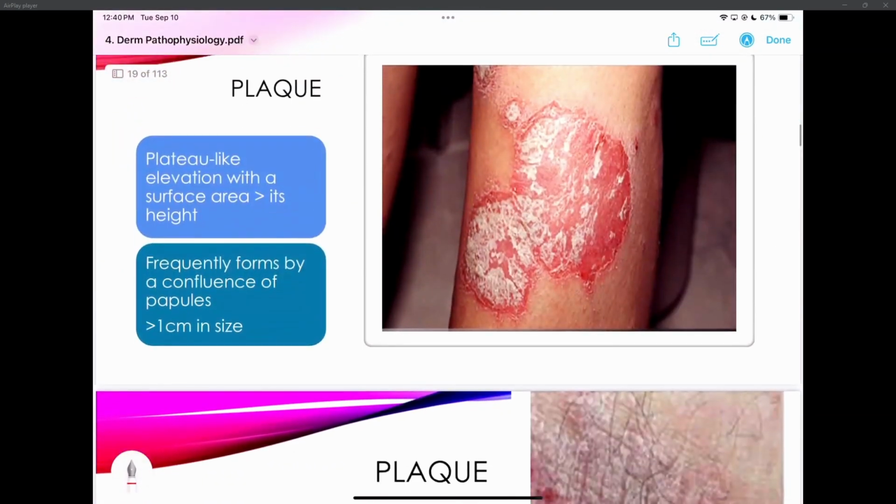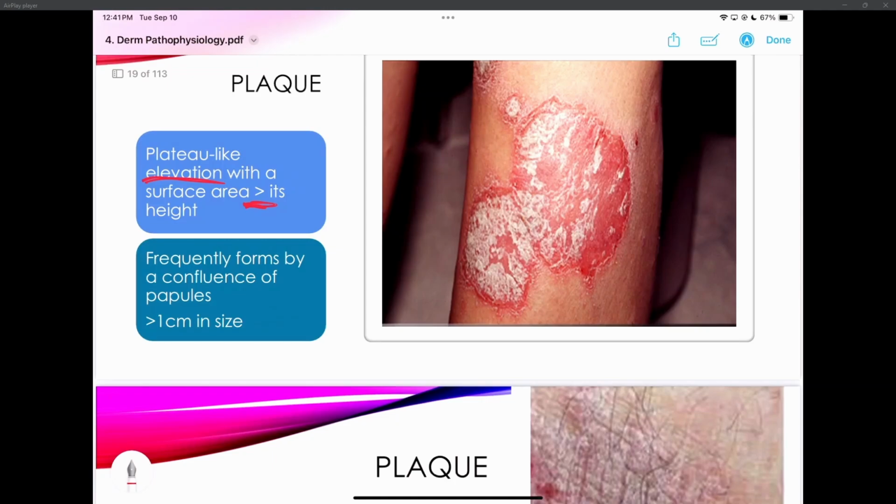A plaque. Plateau-like elevation with a surface area greater than the height. Meaning, if you rub your finger along that rash, that plaque, your skin would rise and then go back down. You would feel this on your skin when you're going across it.